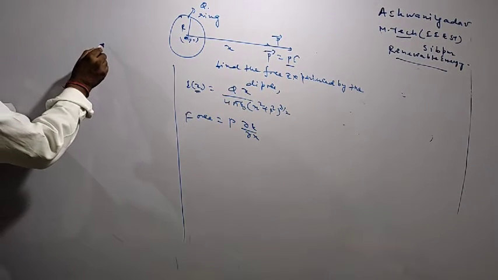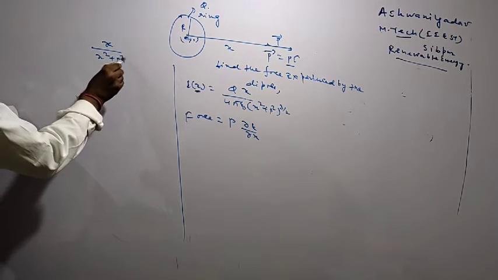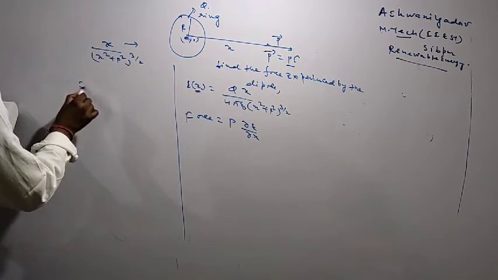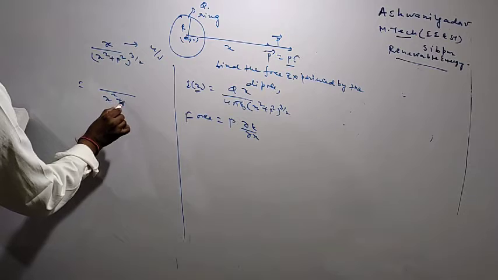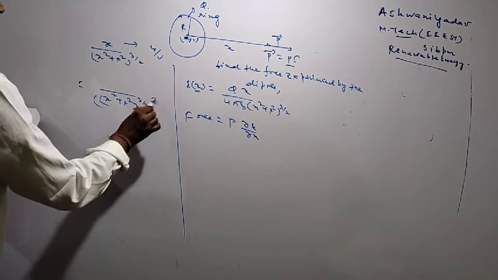Well, let us use x by (x square plus r square) to the power 3/2. This is a rough work. Okay, so using the uv rule, you can differentiate it: (x square plus r square) to the power 3/2 in the denominator, and a whole square.